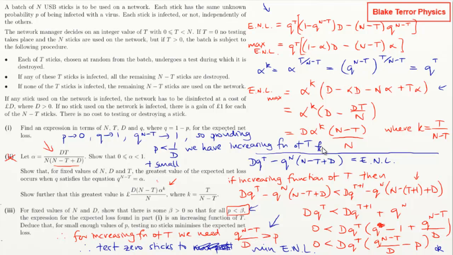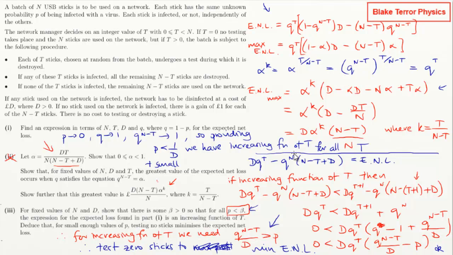So it's not just some particular value of t where it then becomes an increasing function. It's an increasing function of t right from the outset. As soon as you start including any sticks, you're increasing your expected net loss. So I think that's a nice addition there.